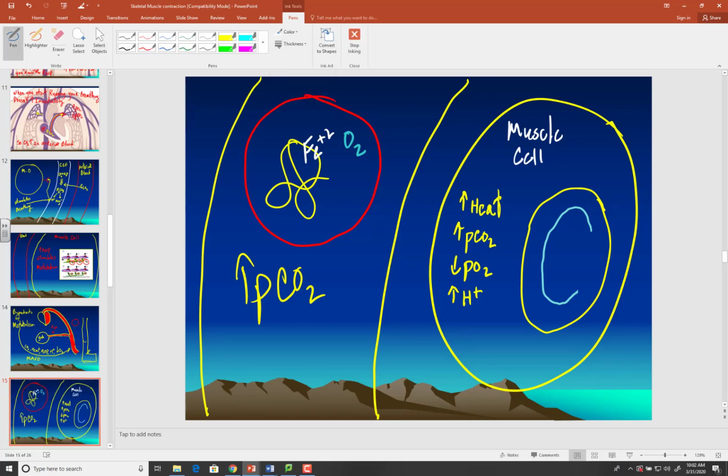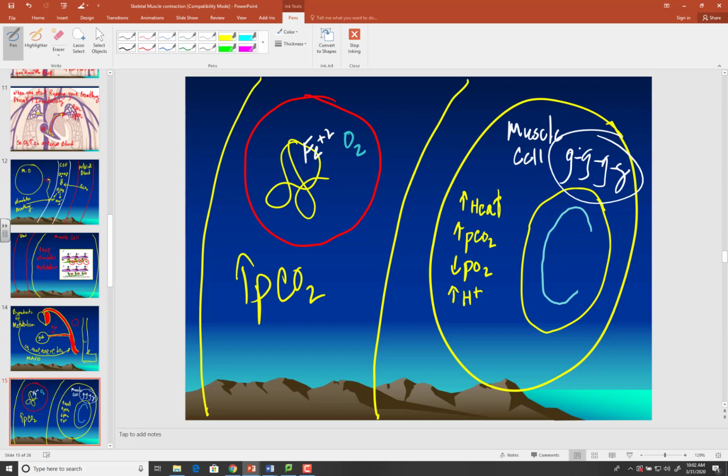When a muscle cell is muscling, when it's contracting, what fuel is it going to use? It's going to use the fuel that's most readily available, right? We also know that muscles store glycogen, which is glucose chemically bonded together and stored with water. So it will use some of its glycogen stores, and it will use some glucose or fat from the blood.